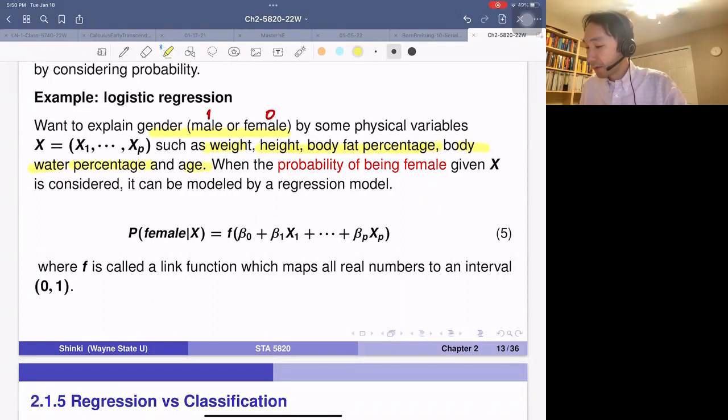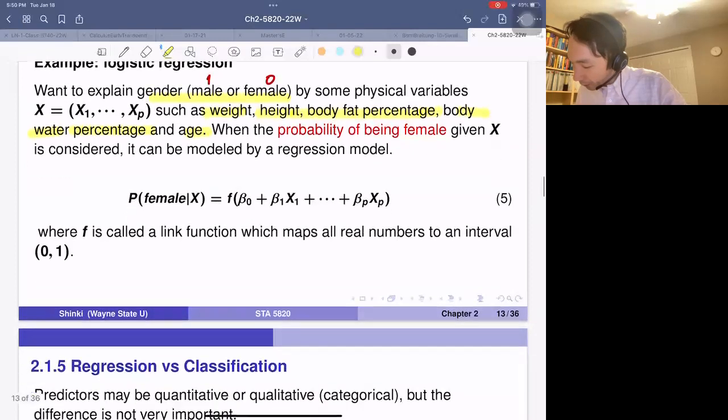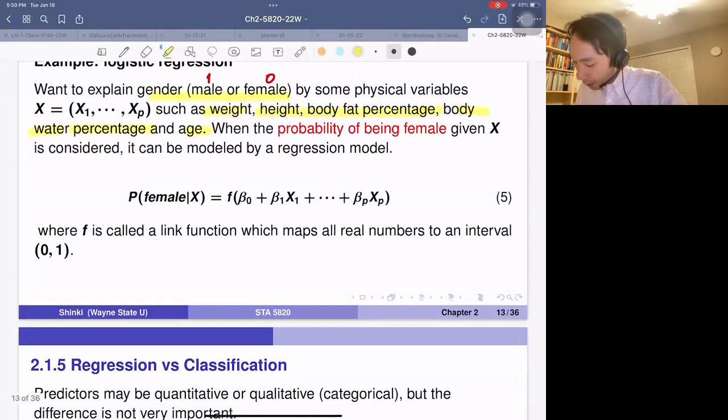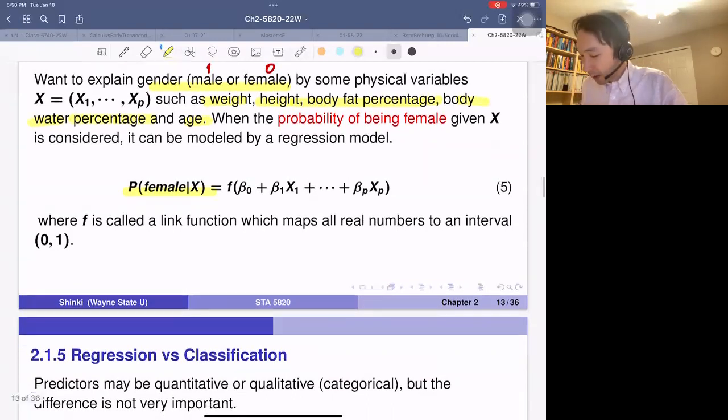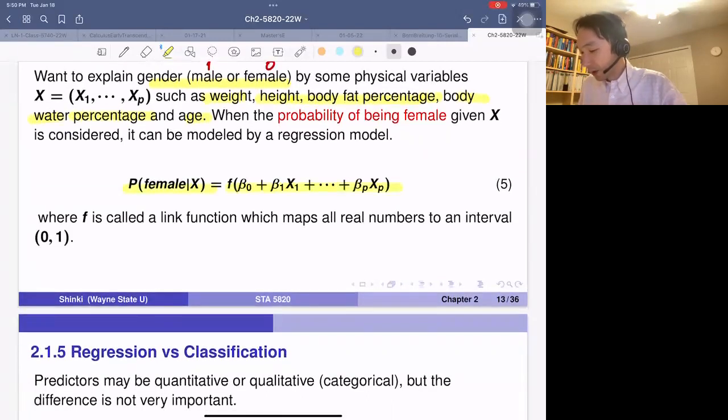So if we have these variables, then we can predict male or female with a reasonably accurate model. In this case, we can predict the probability of female given the predictor values. And that is often formulated by f of a linear function of x1 to xp.